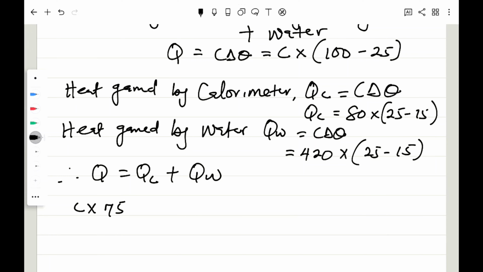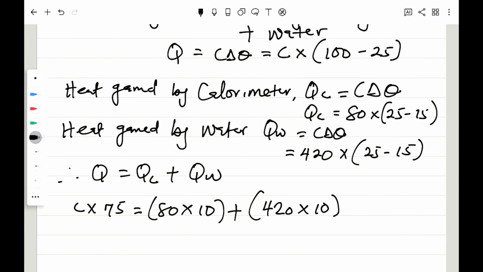We now have the first: C multiplied by 75 is equal to 80 multiplied by 10. Is that clear? Plus 420 multiplied by 10.